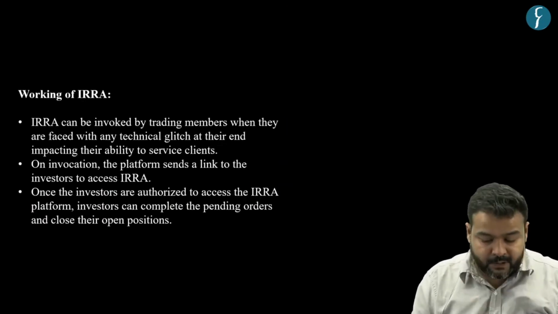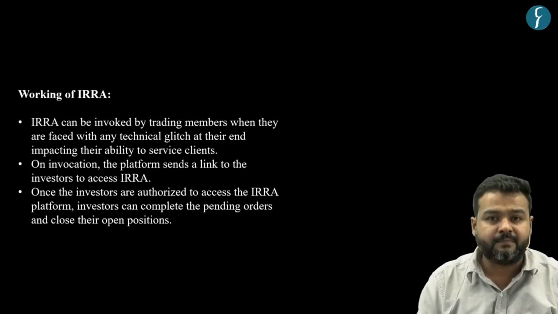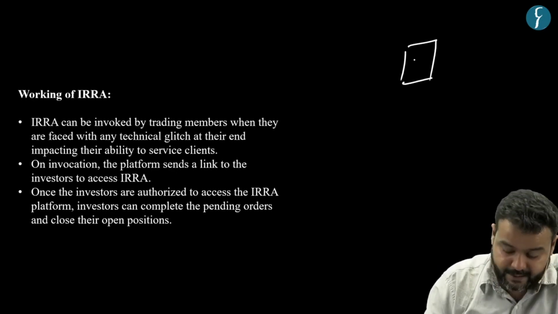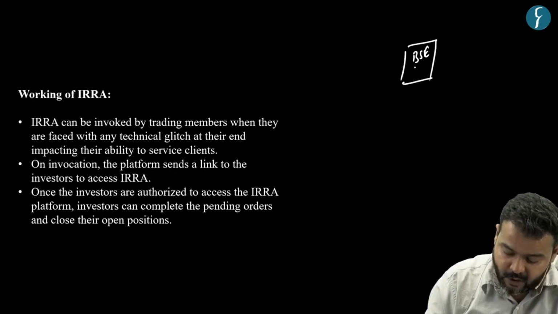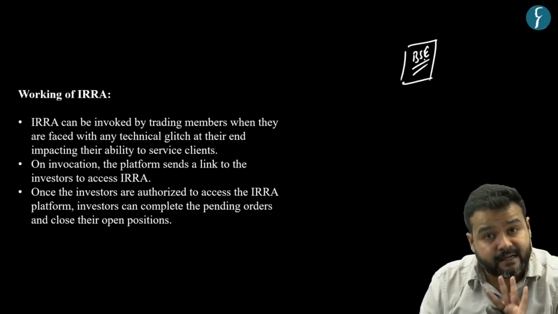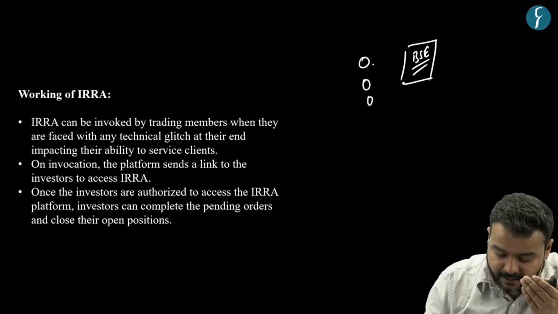So to understand what IRRA is, I'm explaining it in crude terms. Let's suppose this is a stock market, BSE or NSE. Now one investor can invest directly in it, but most of the time there are some intermediary platforms.